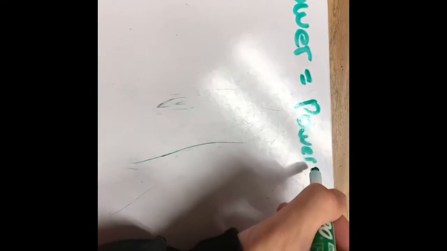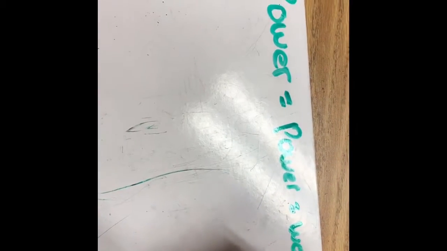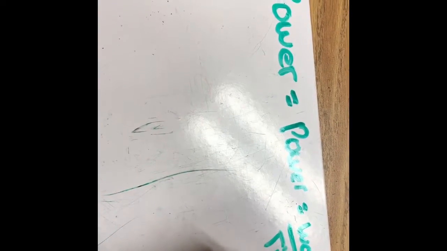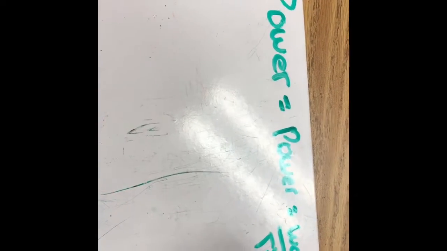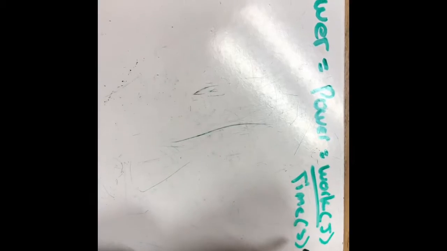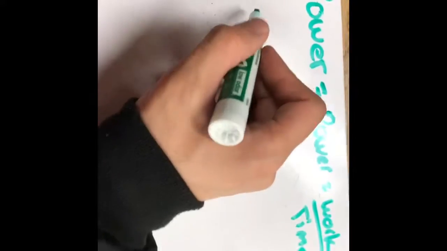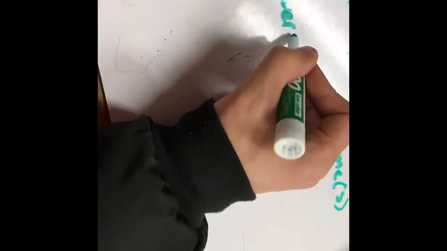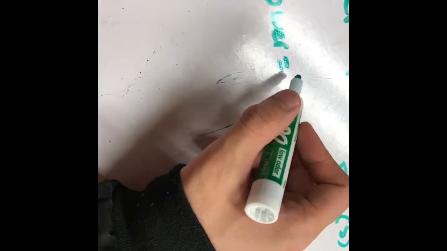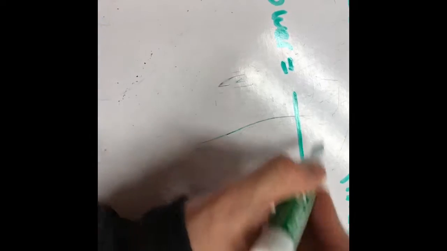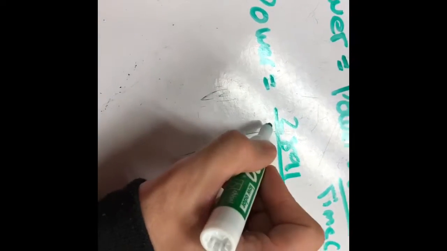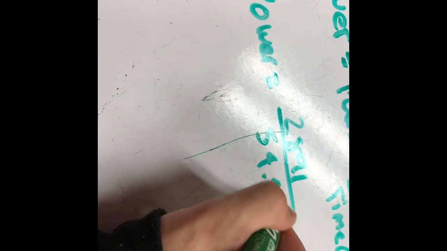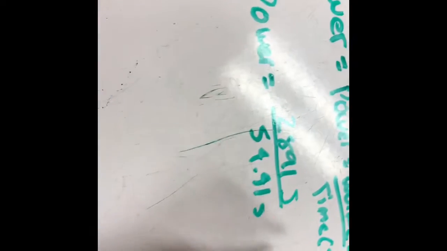The formula for the power is power equals work divided by time. The work for the Boeing 737 is 2,891 joules. And the time for the Boeing 737 is 54.41 seconds.